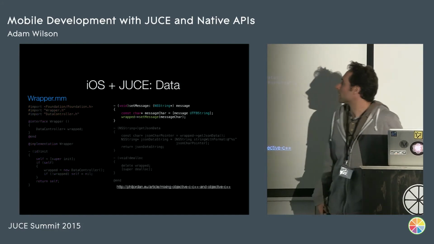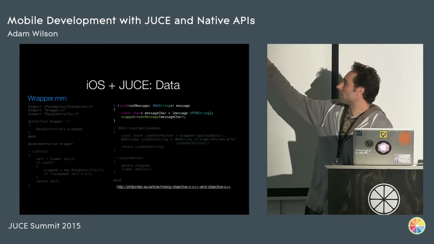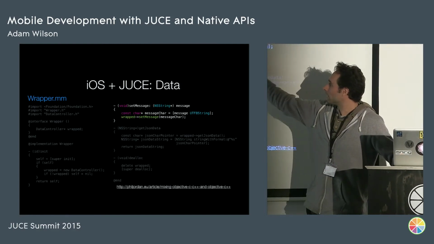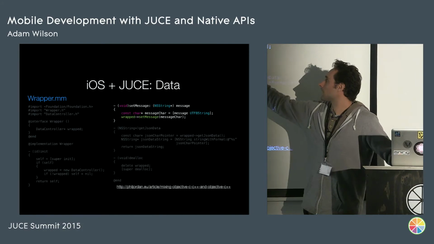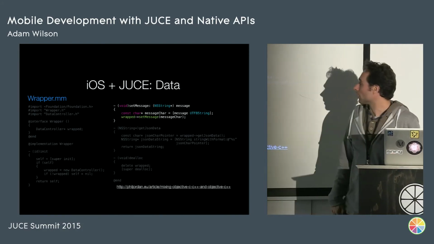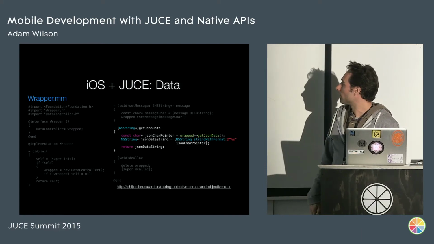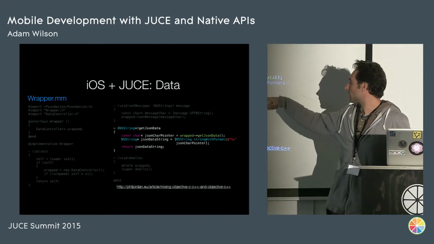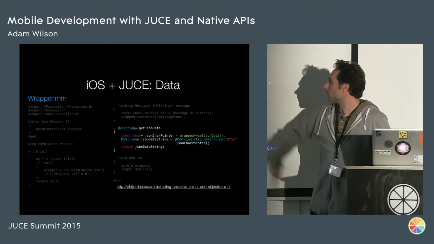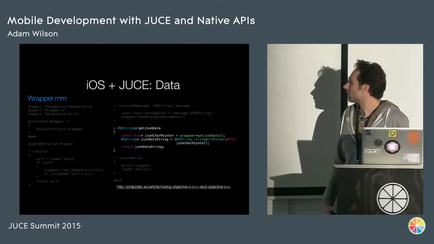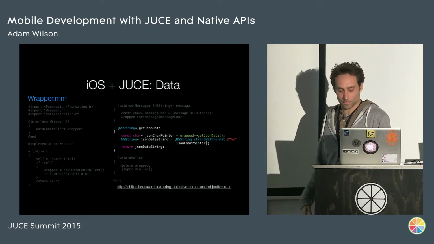As an example, here we're getting an NSString, converting it to const char, and sending it to our JUCE class. And here, the other way around, we're getting some string data, in this case some JSON data from our JUCE app, and making it available to Objective-C code.